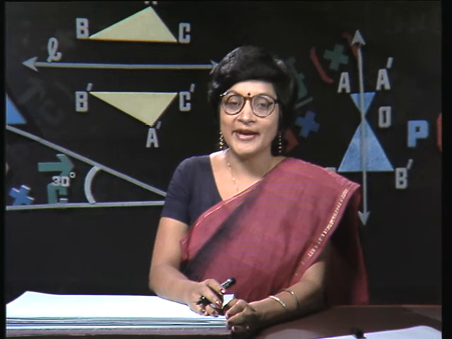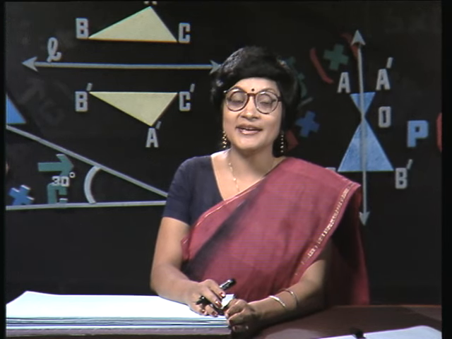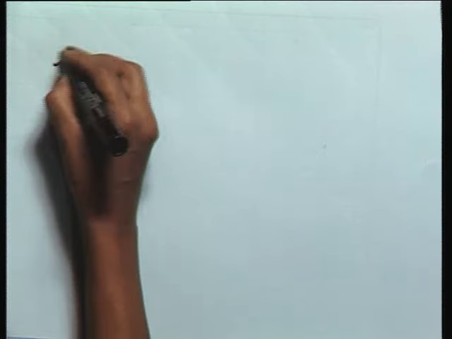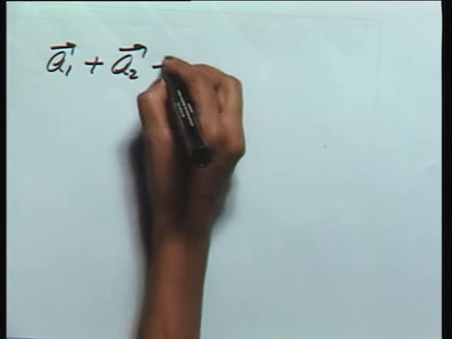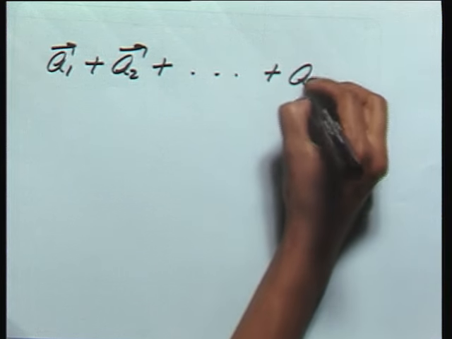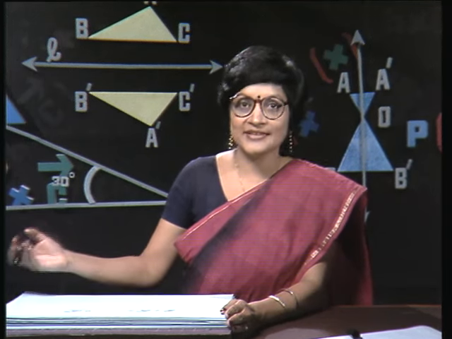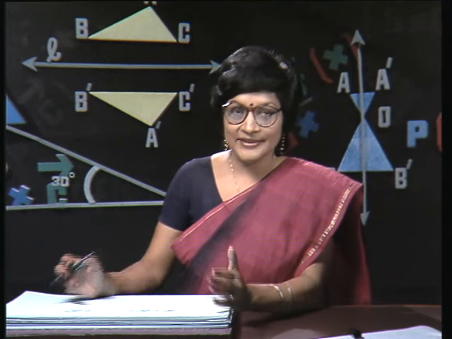The associative law helps us to define A1 plus A2 plus A3 plus up to AN for n vectors A1 to AN. This is done inductively using the associative law. The positioning of the brackets is not material.